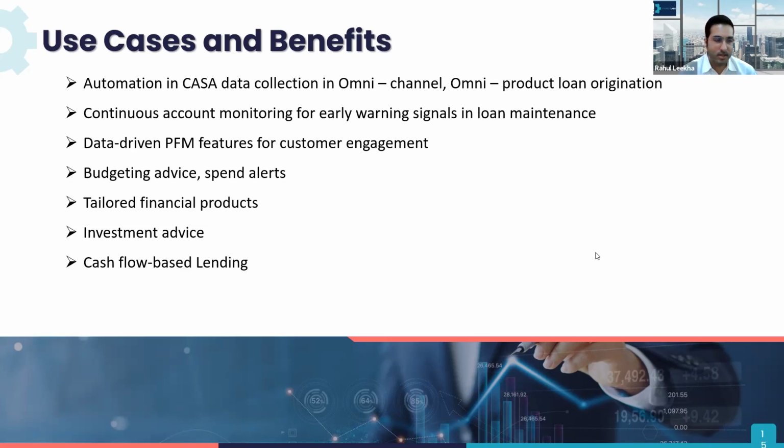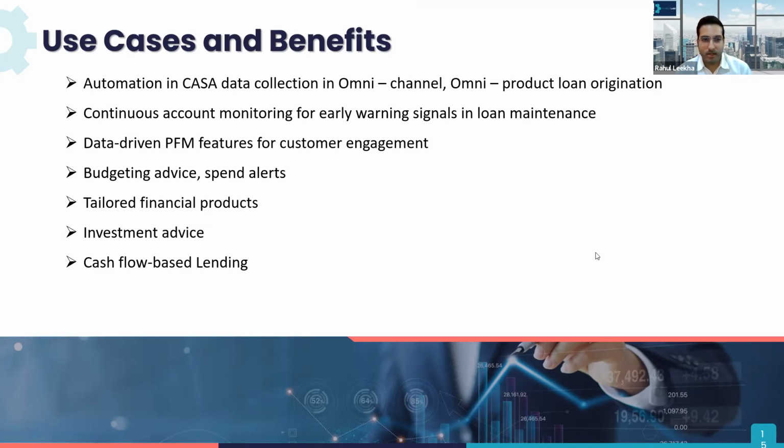So one can advise, why don't you buy Reliance shares if you're spending so much on their various products. And then again, some neobank solutions are also there in terms of budgeting advice and spending alerts that can be created and triggered immediately based on different rule bases.